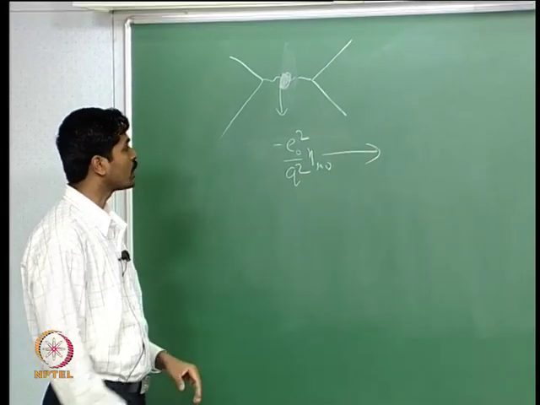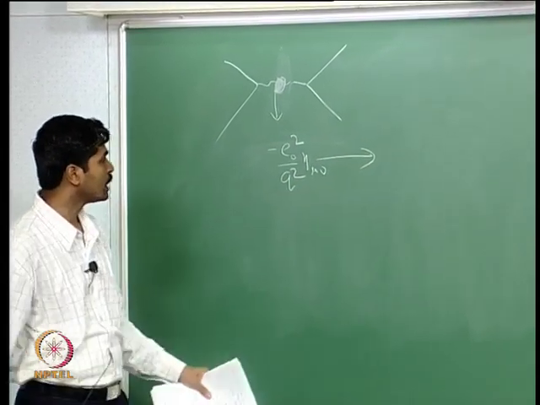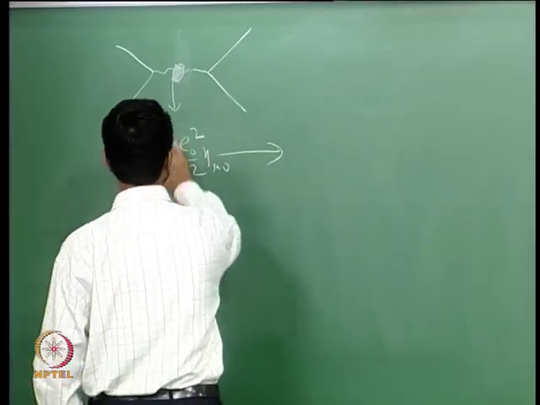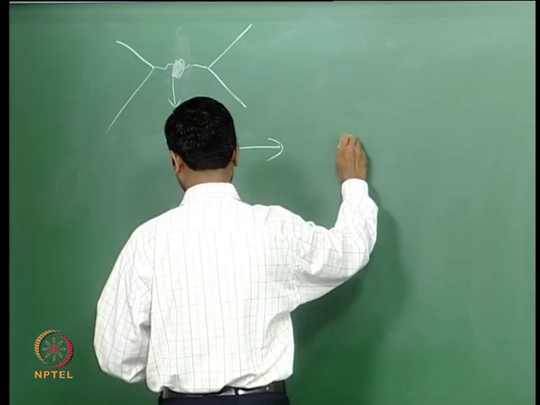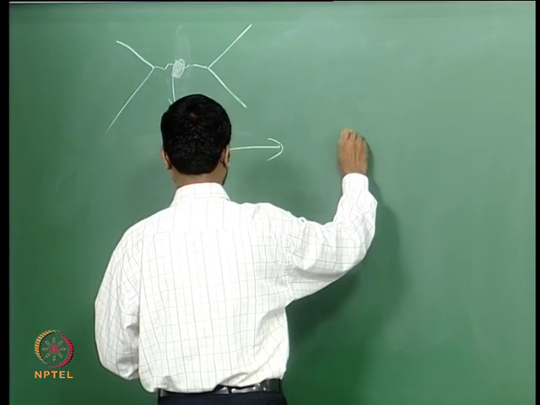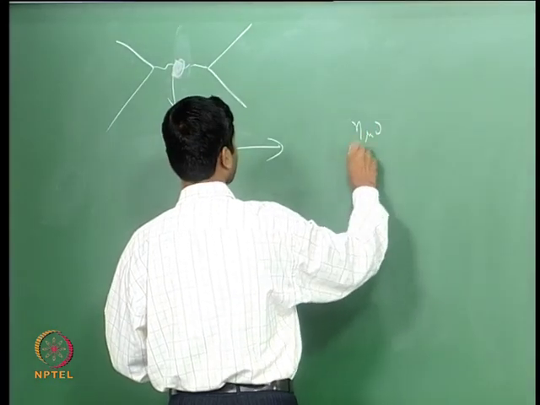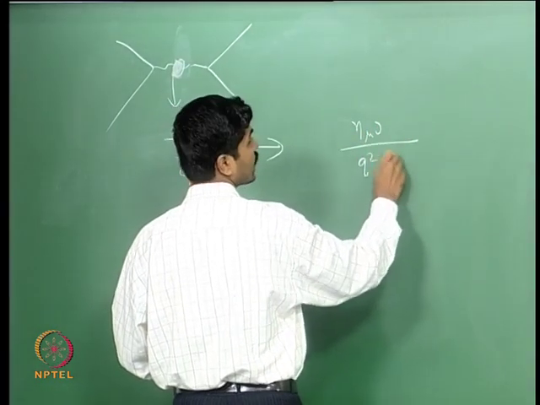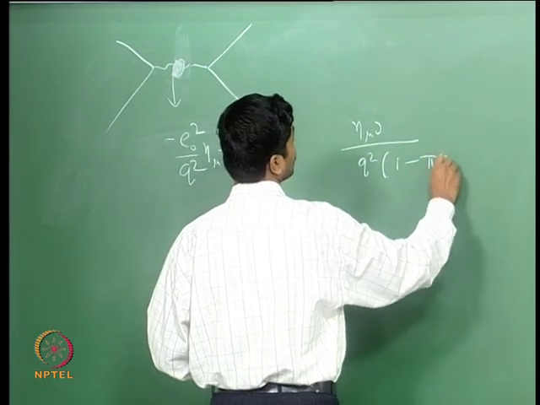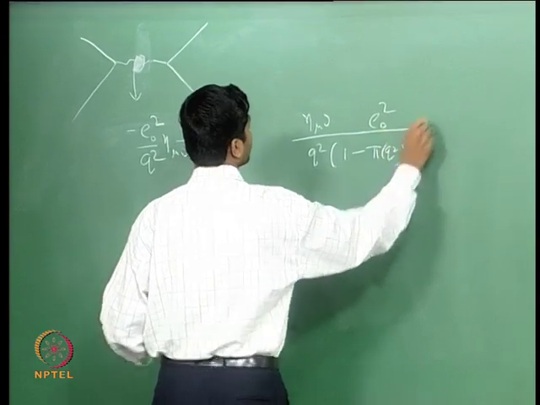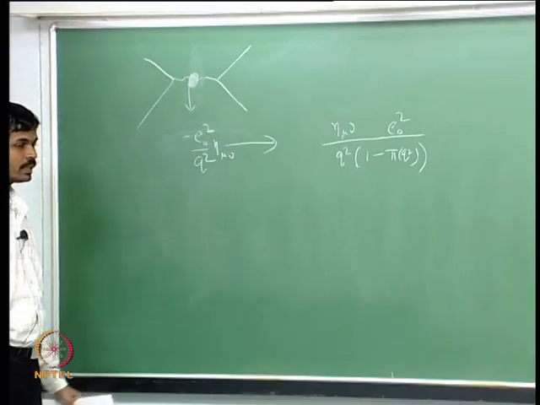Now, if we include all the quantum corrections, then instead of this, as we have just now shown, we get eta mu nu divided by q squared times 1 minus pi of q squared, times e0 squared.